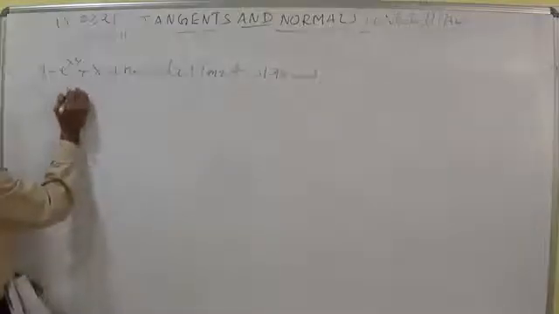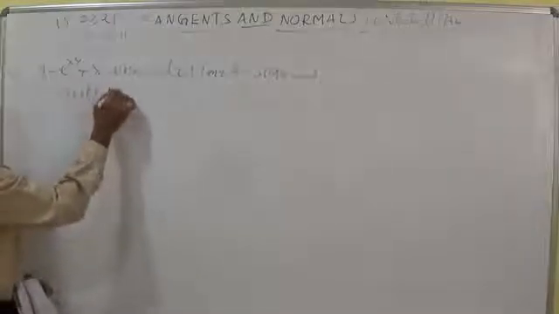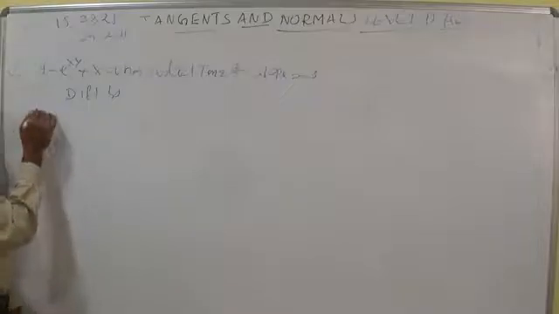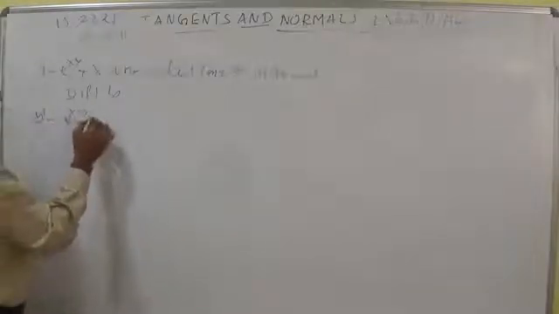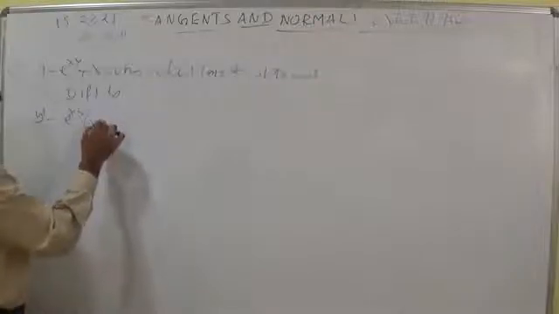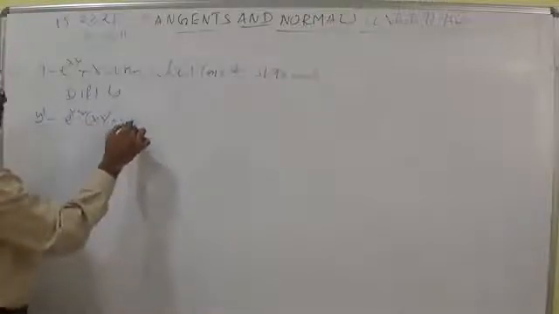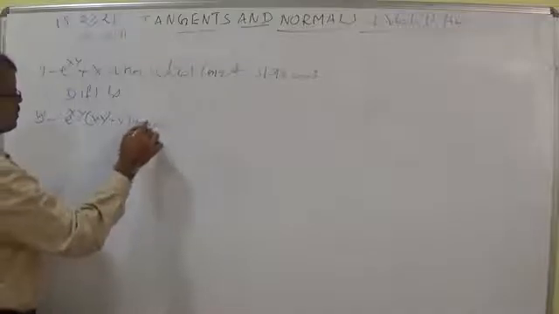dy/dx. Here you write, differentiate both sides. y dash minus e power xy into, అంటే e power x derivative e power x లా, x y dash plus y, plus 1 equal to 0.